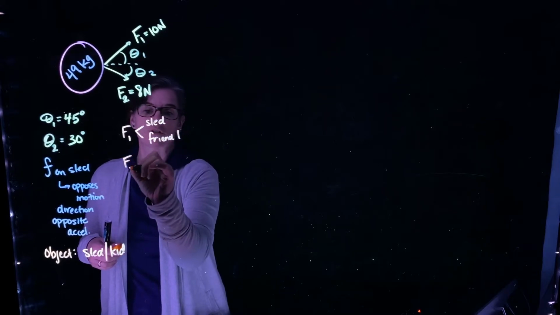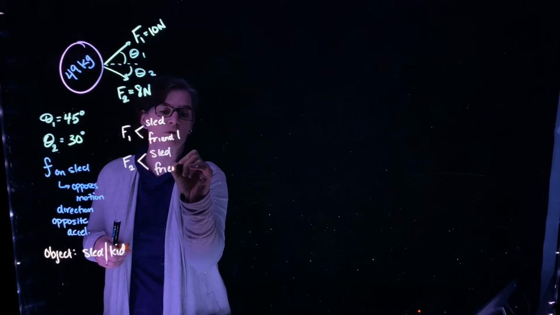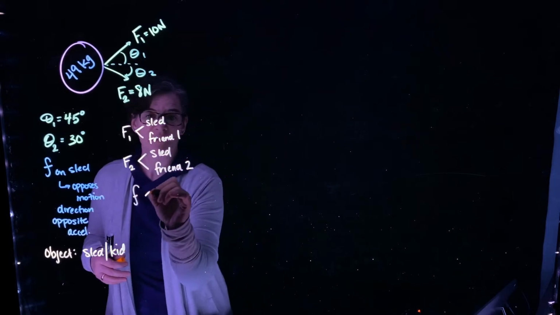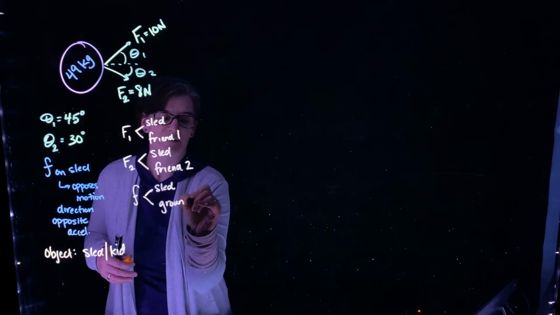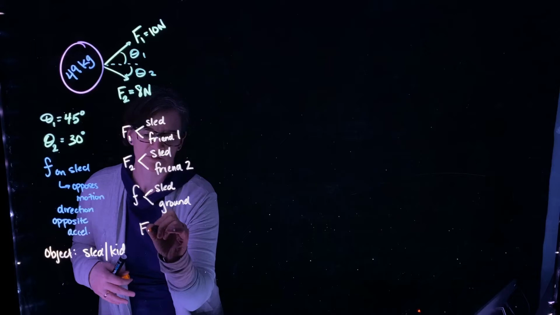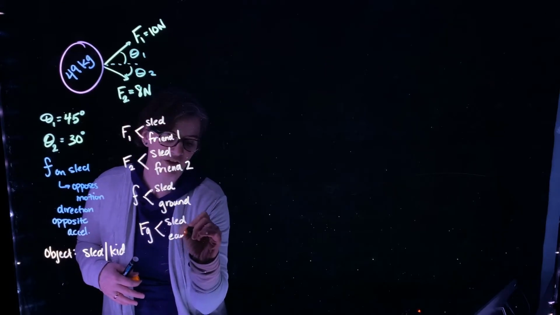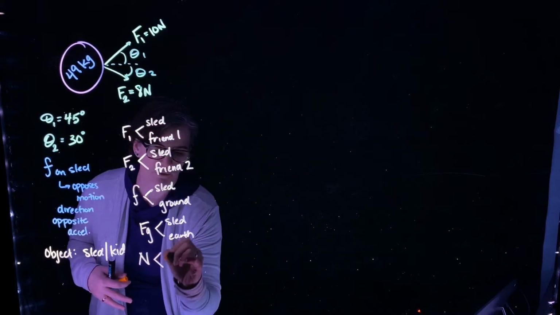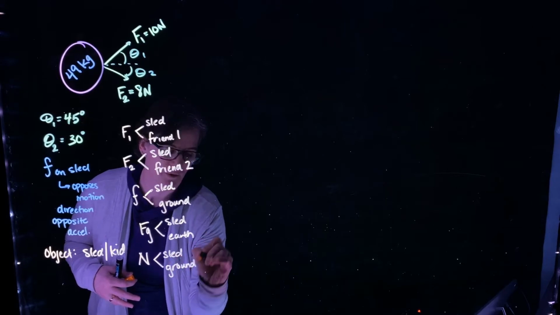We have force 2 between the sled and friend 2. We have the frictional force, which is between the sled and the ground. We know gravity's acting, so we have the force of gravity between the sled and the earth. And it's sitting on that sled, so we have a normal force between the sled and the ground.